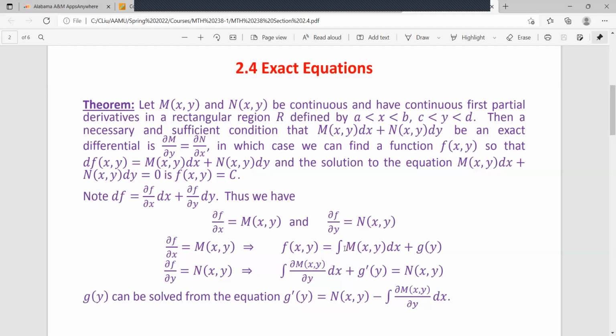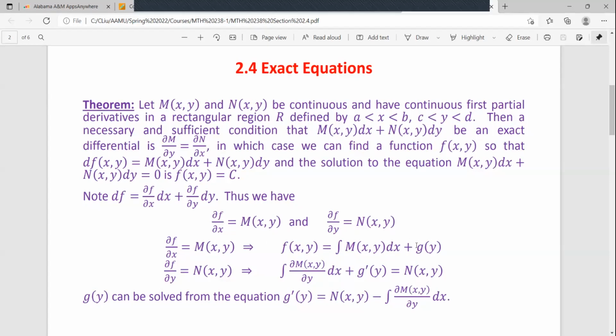So f will be equal to the integral of m with respect to x, and you treat y as a constant, plus a constant. Remember, that constant is independent of x, because you are integrating with respect to x.